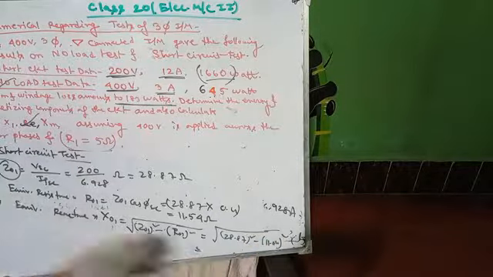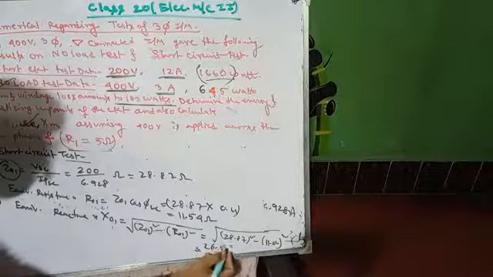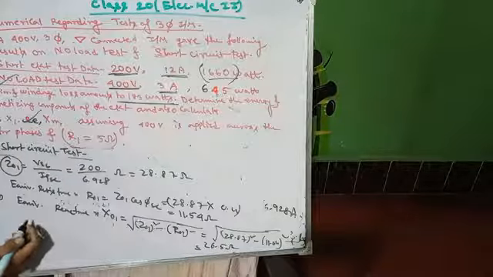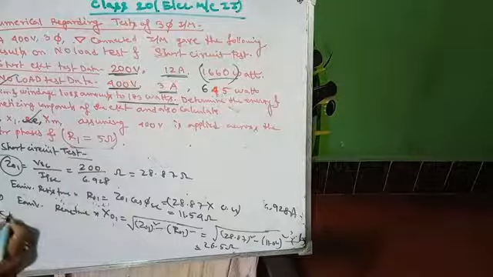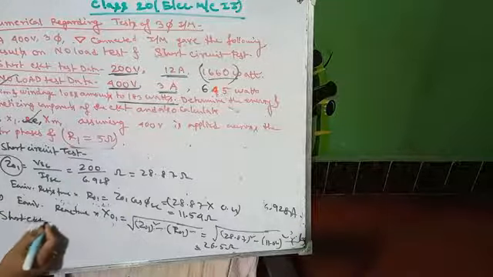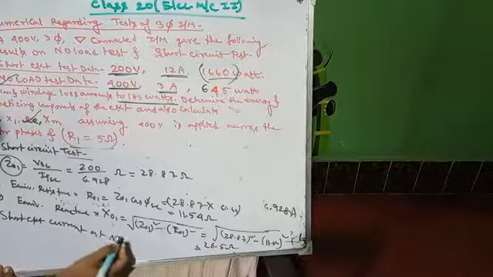Your result will be 26.5 ohm, X_01 equals 26.5 ohm. And now fifth one, short circuit current at normal voltage.